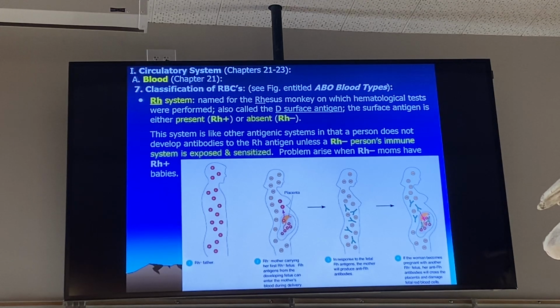Everybody got it? You see how this is like the flu shot, the norm of the immune system. You don't have antibodies till you are exposed. Do you see how the ABO is the exception? Do you not see it? Do you not get it?